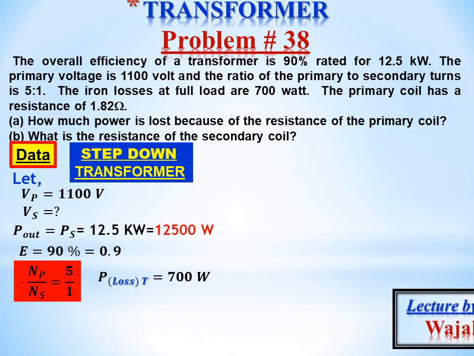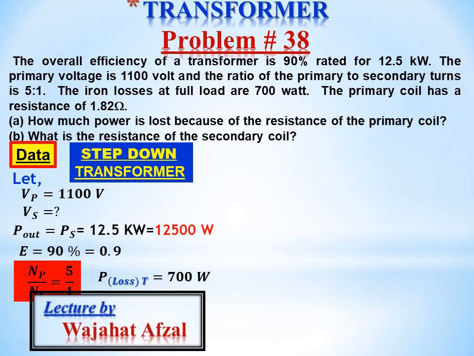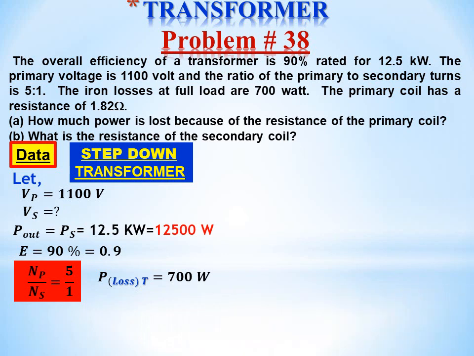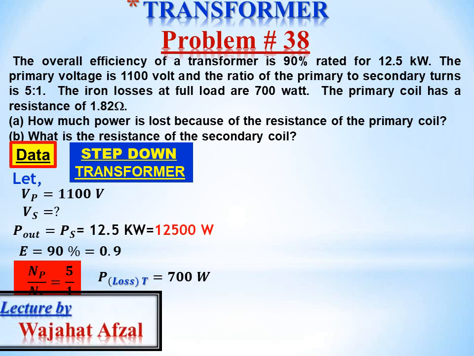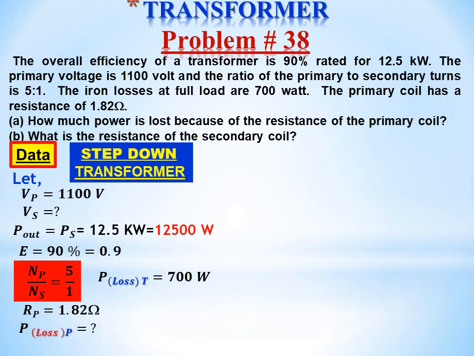And here you are provided with another new term, that is power loss in the transformer. So power loss in the transformer, or total power loss, is 700 volts. This is due to the resistance in the primary and secondary coil, and the resistance of the primary coil is 1.82 ohms, also given, and you have to find the power loss in the primary.